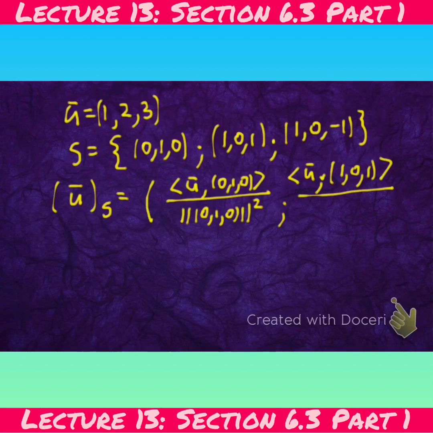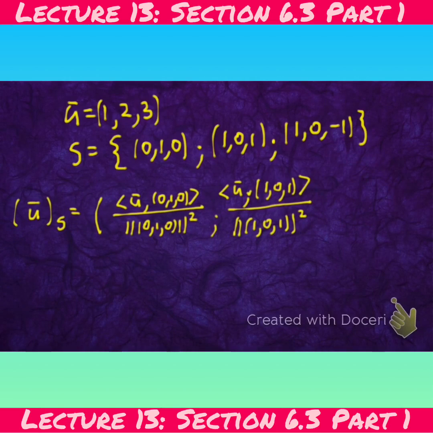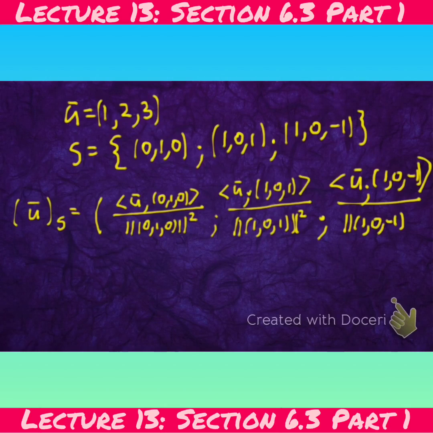Okay, and we're going to divide by the norm of the vector 1, 0, 1 squared. Alright, and the last one is going to be the inner product of the vector U with the vector 1, 0, minus 1. Okay, and we're going to divide that by the norm of the vector 1, 0, minus 1 squared.